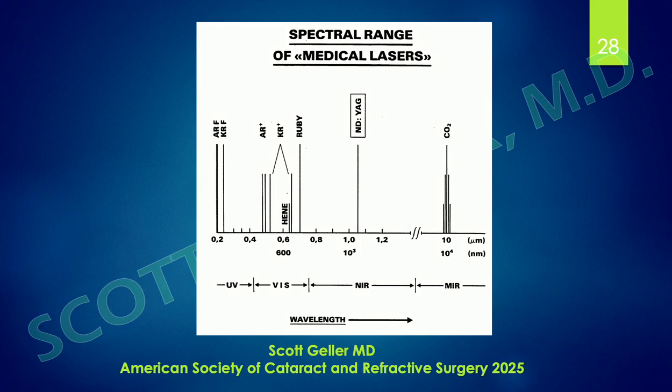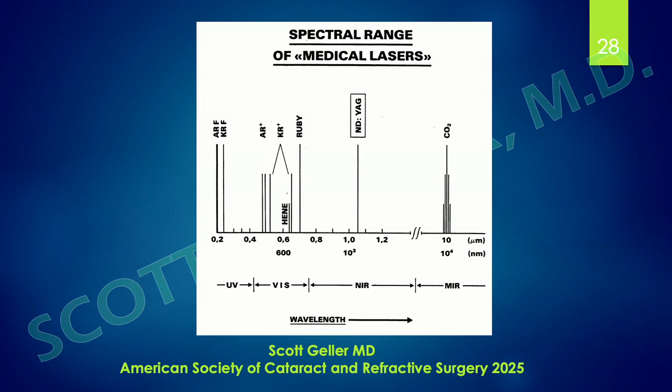Ruby lasers were made by the Zeiss company, and when I was a resident, Dr. Beckman was the chief, and he was very much into lasers. The ruby lasers were quite destructive. That's very old literature. There's probably very few of us who've actually seen them.